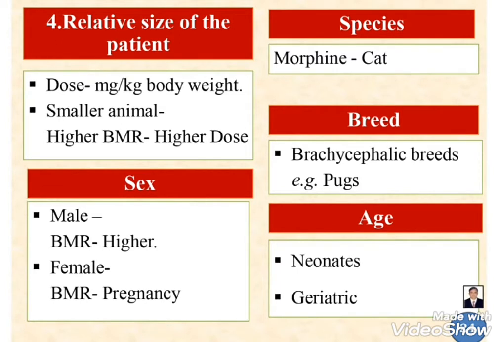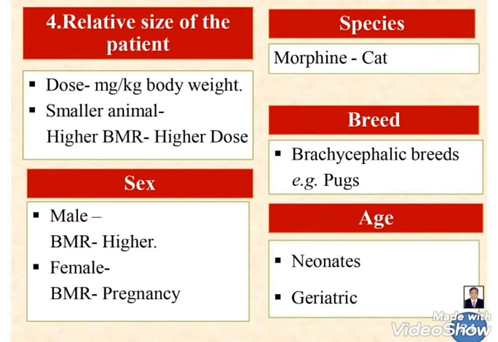And finally consider the sex of animals. Sex factor: in males, the BMR is approximately 7% higher than in females, so males require a higher amount of anesthesia compared to females.